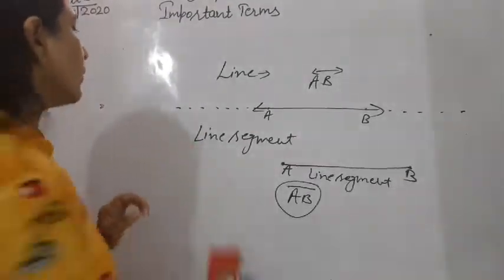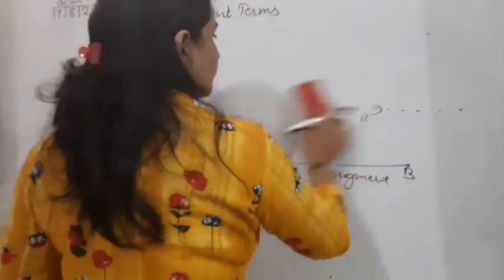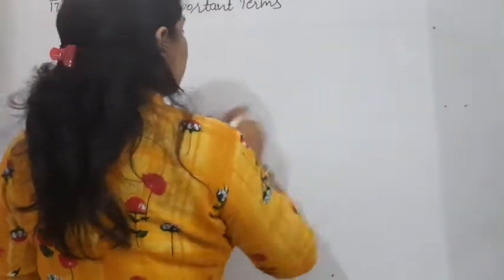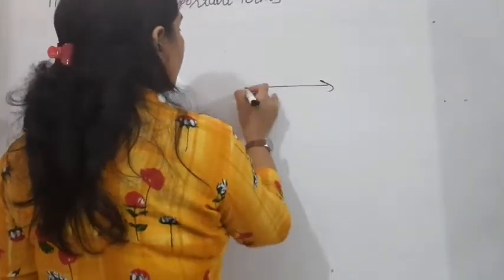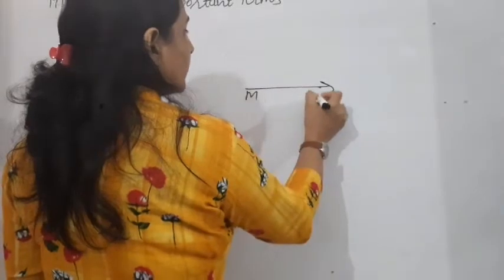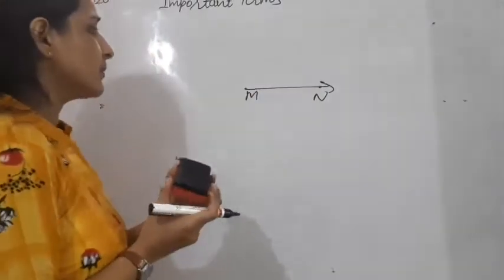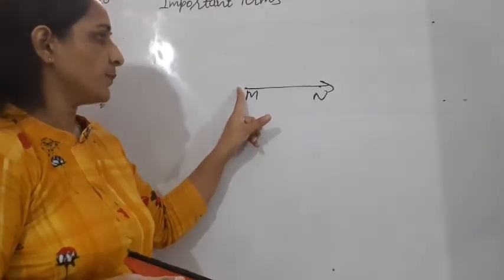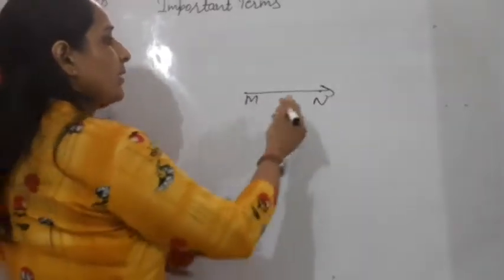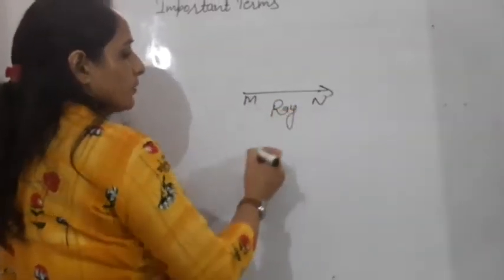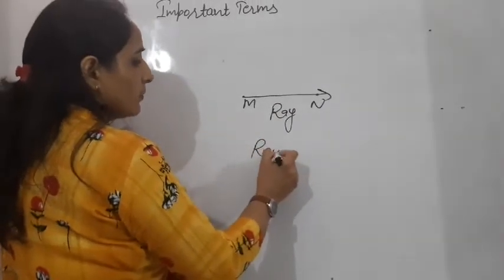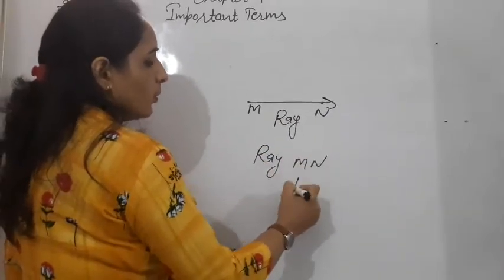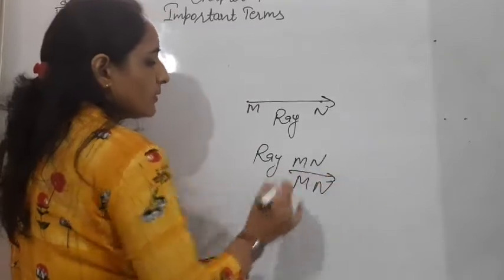The next one is the ray. Clear? The next is ray, like M and N. It has only one end point, M. Clear? This is the ray. Ray MN, or we write it with the symbol here.